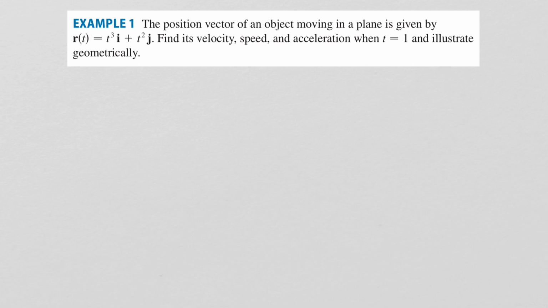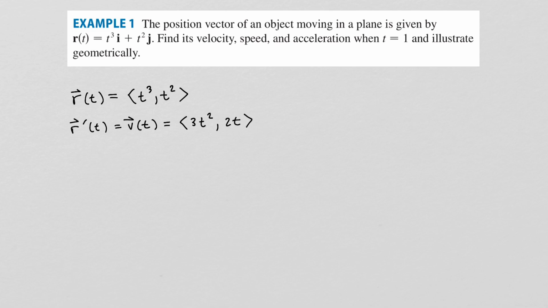Okay, so first of all, let's go ahead and write down the position function, r of t. I'm going to write it in this format, <t cubed, t squared>. And then the velocity function is just r prime. And if we take the derivatives here, we get <3t squared, 2t>.